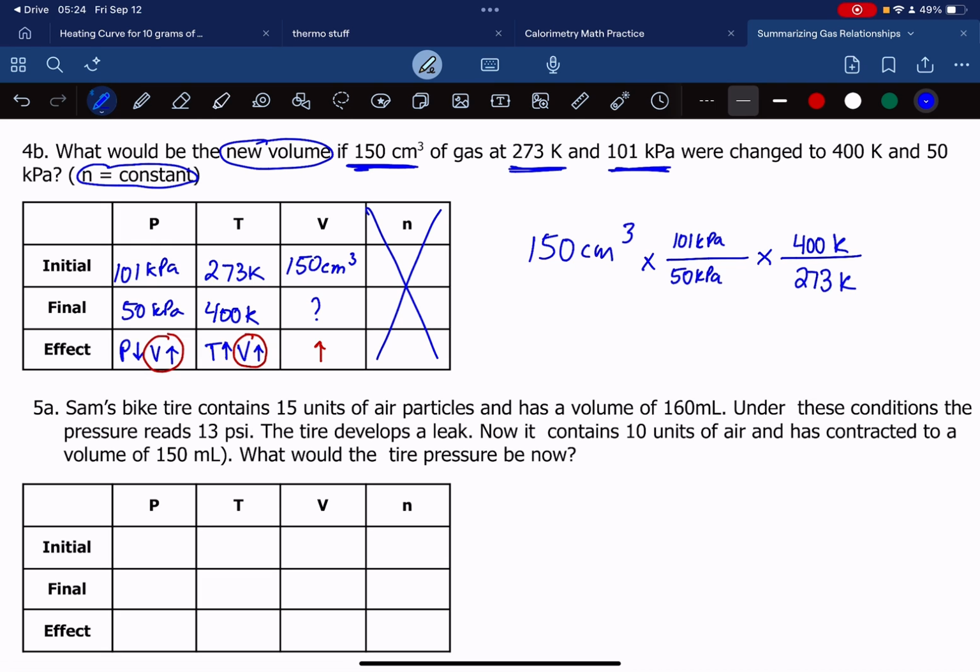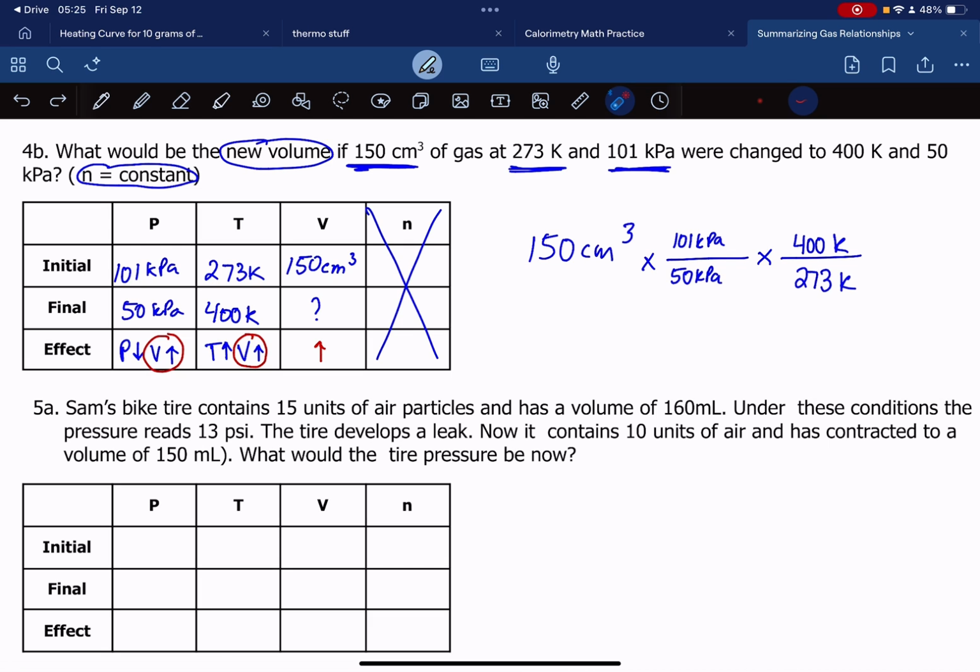So I just want you to notice something really quick. For my ratio of pressures, my initial went on top, right? But for my ratio of temperatures, my final went on top. So you should not be thinking about trying to make the initial always go on top or the final always go on top. What matters is what we decide in this effect row down here. That's how we decide which one's going to go on top.